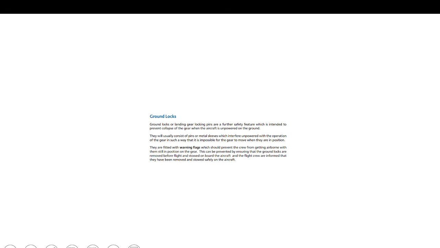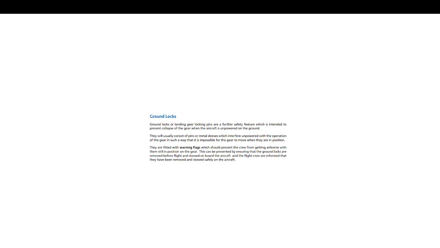Ground locks. Ground locks or landing gear locking pins are a further safety feature which is intended to prevent collapse of the gear when the aircraft is unpowered on the ground.